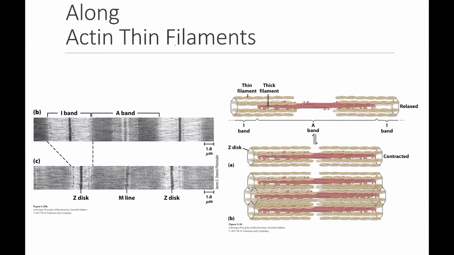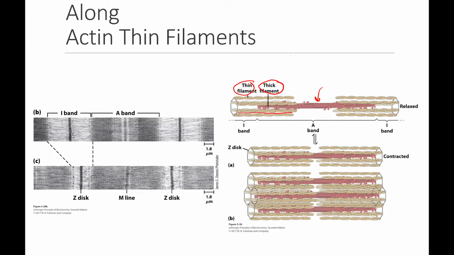Here's what that looks like in a little bit more detail. You have, again, the thick and the thin filaments. So the myosin thick filaments in the center here actually move along these thin filaments of actin, and they kind of crawl along.